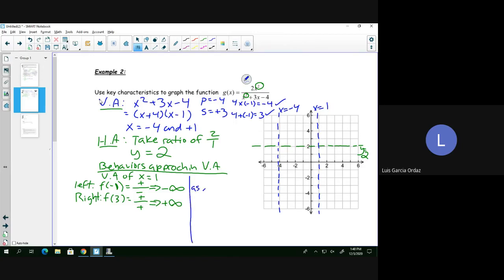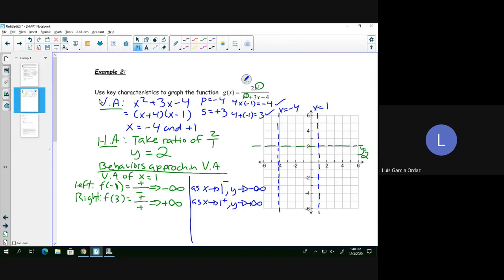As x approaches 1 from the left, y approaches negative infinity. And as x approaches 1 from the right, y approaches positive infinity.